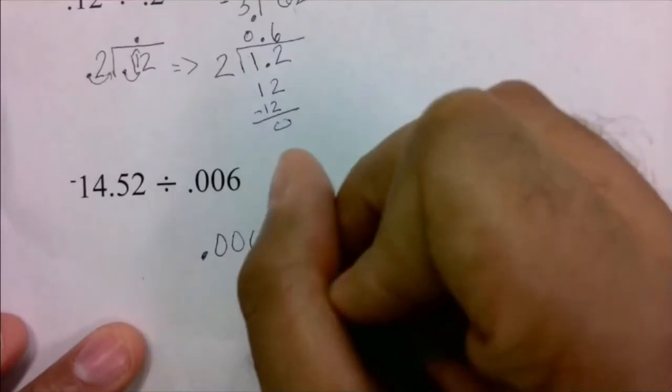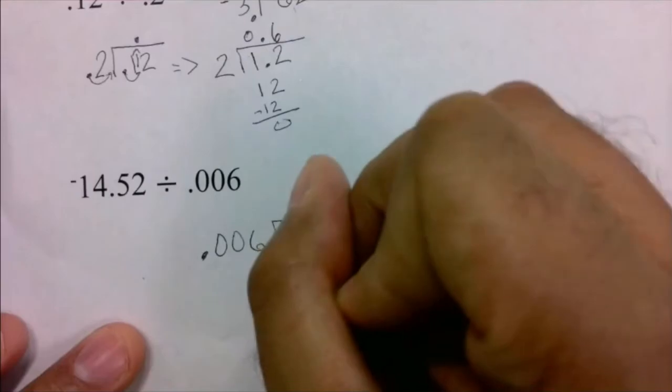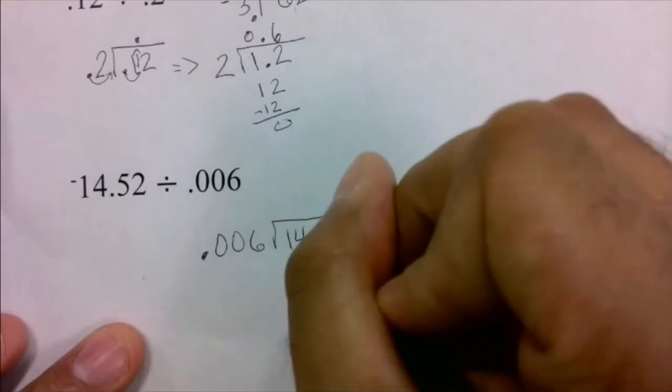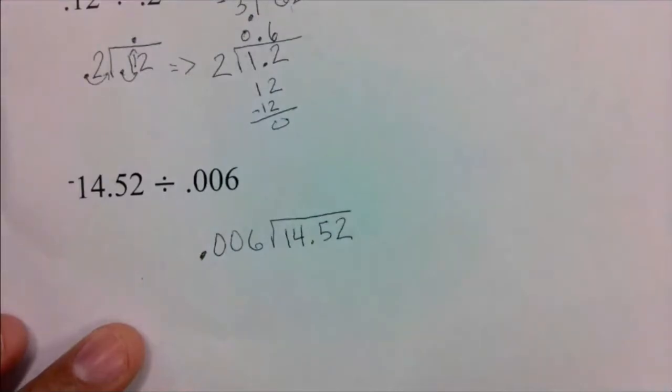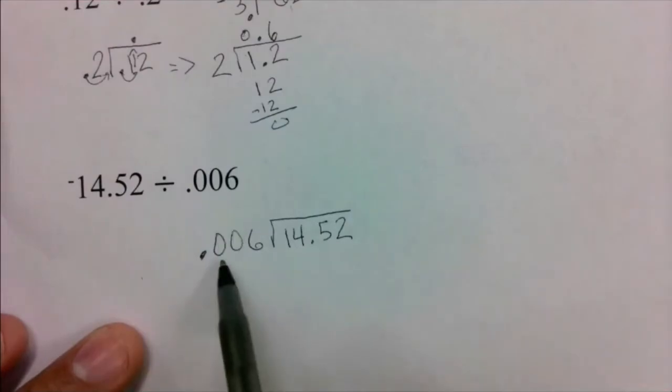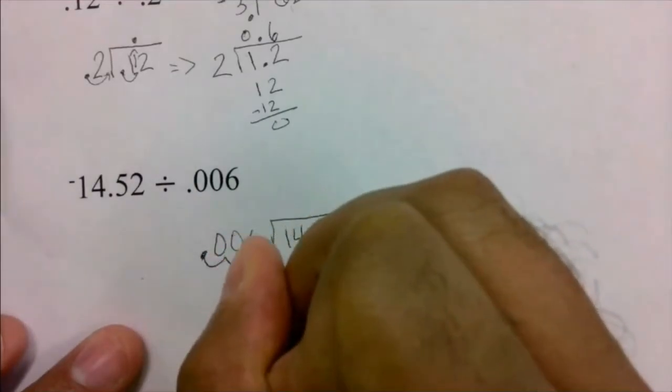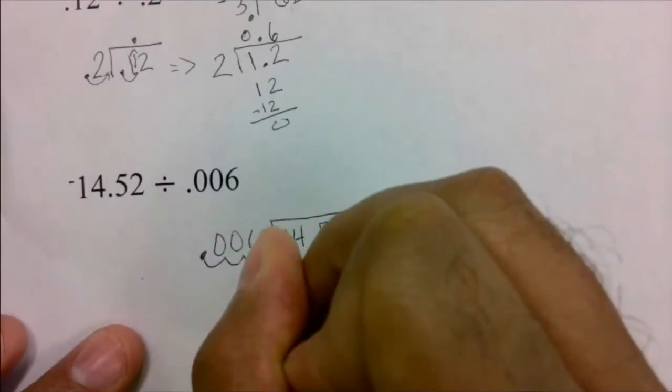And 14.52 is going to be on the inside. Right? So remember, we cannot divide by a decimal. So we have to change this decimal to a whole number by moving our decimal point to the right 3 times.